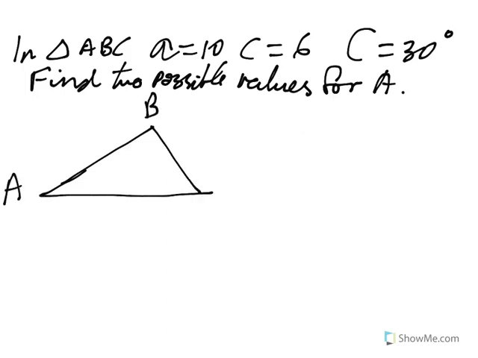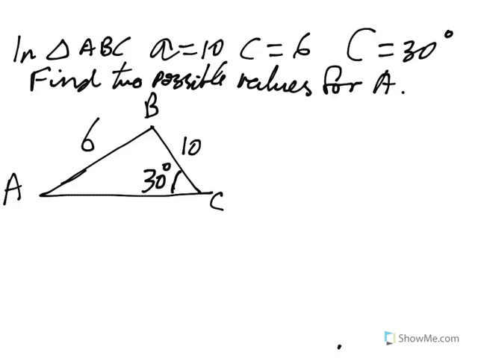Alright, so here's our triangle ABC. It's telling us side A is 10, so that's 10. Side C here is 6, okay, not to scale, don't worry about whether it's to scale. Angle C, I should say, is 30 degrees.